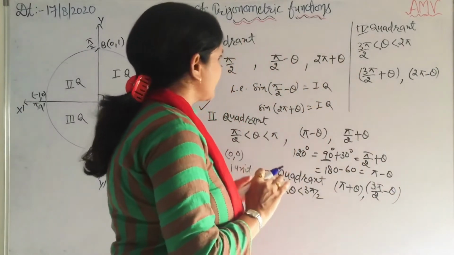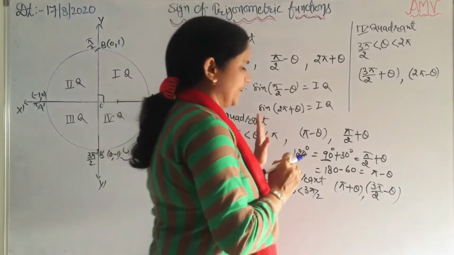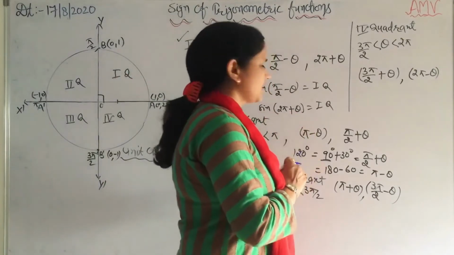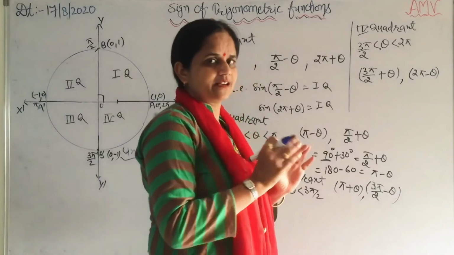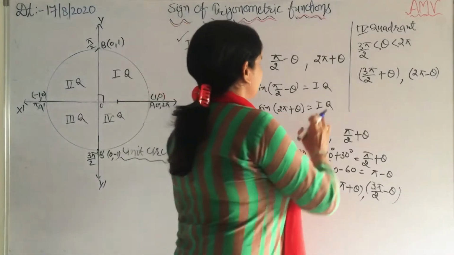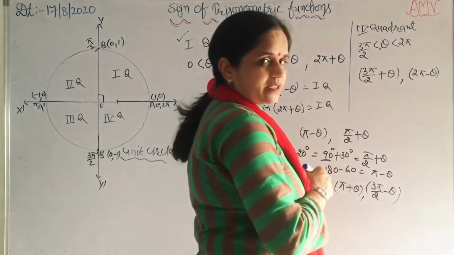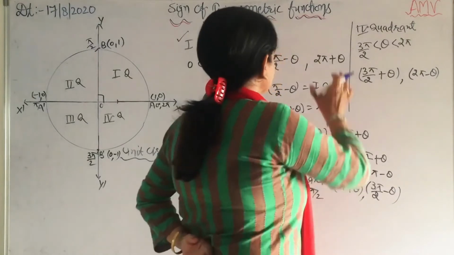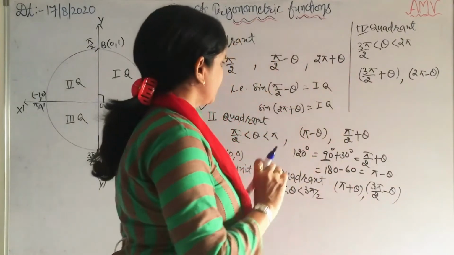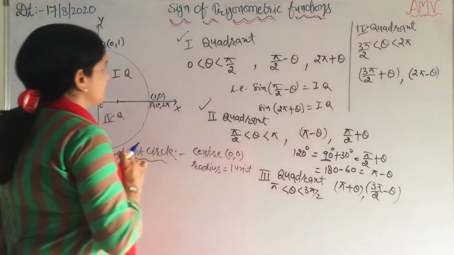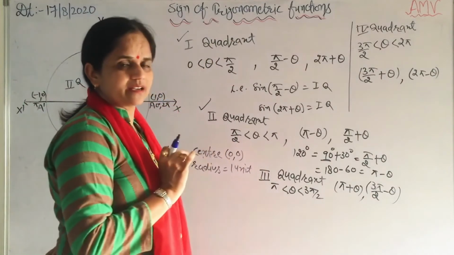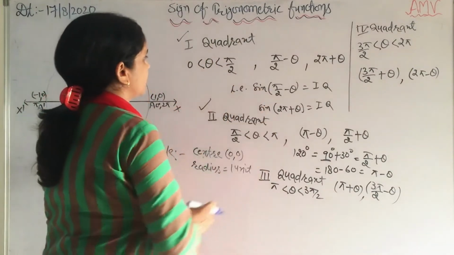Now students, try to understand the angle in radians. In the previous year you have been studying degrees, but here it will be easier to understand in radians. These are the four quadrants. And now come to the next point, trigonometric functions according to their quadrant.